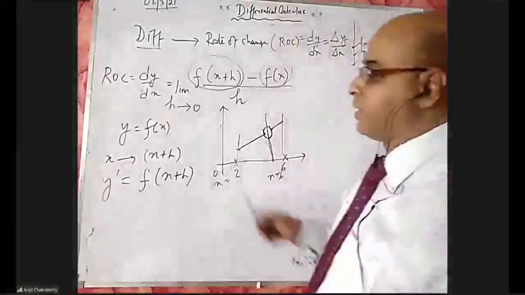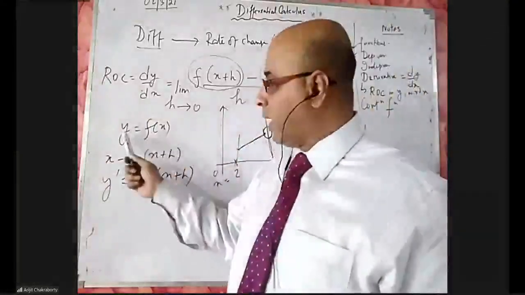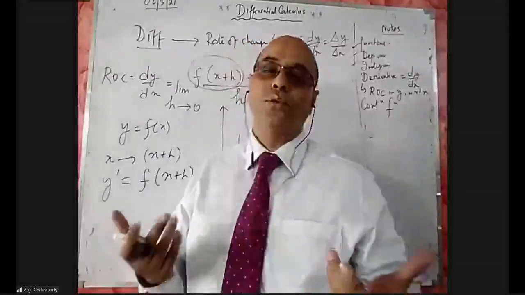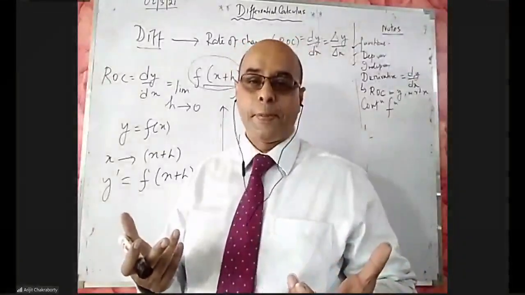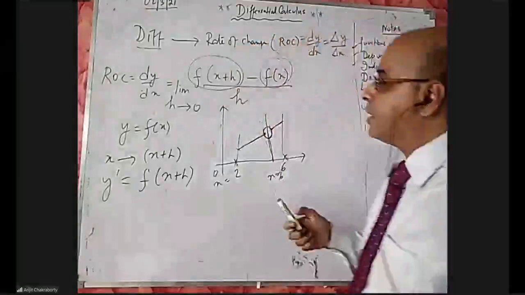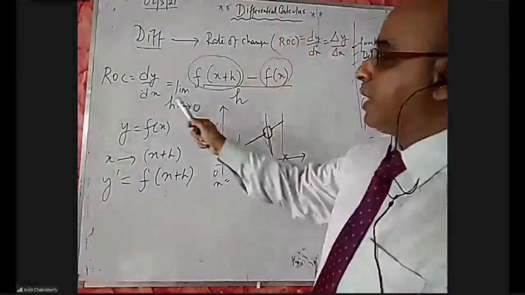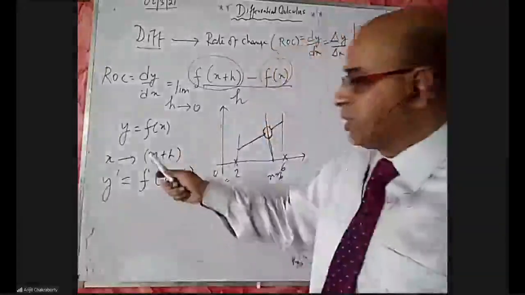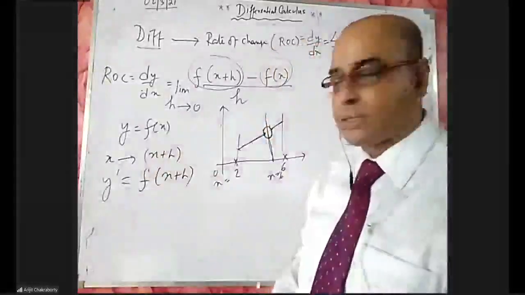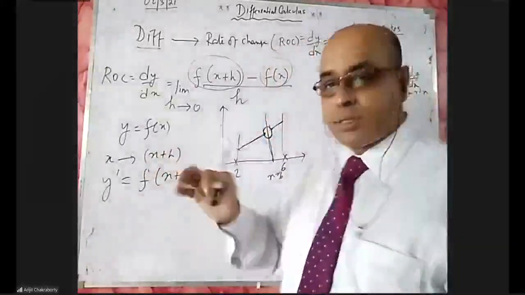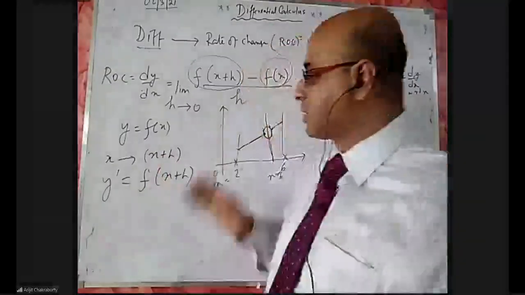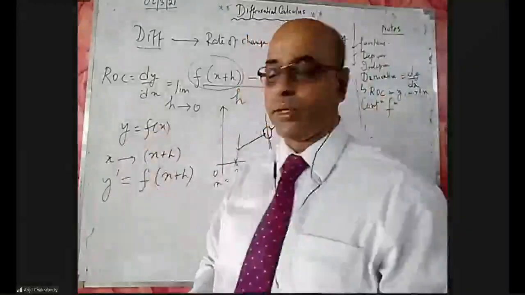Here, the independent variable is x. So y is a function of x. y depends on the value of x. So y is a dependent variable, right? Similarly, in this example, the original function was y equal to f(x), and we have taken x as the original value.